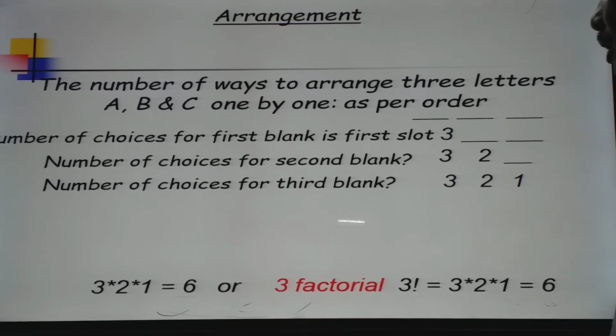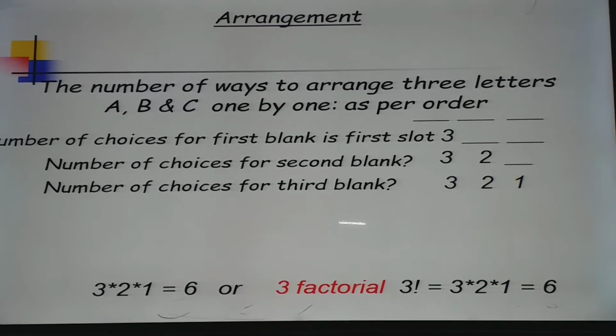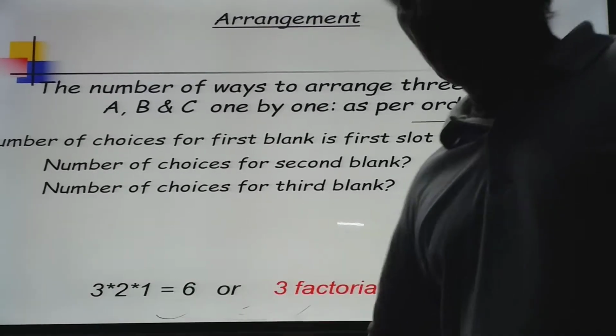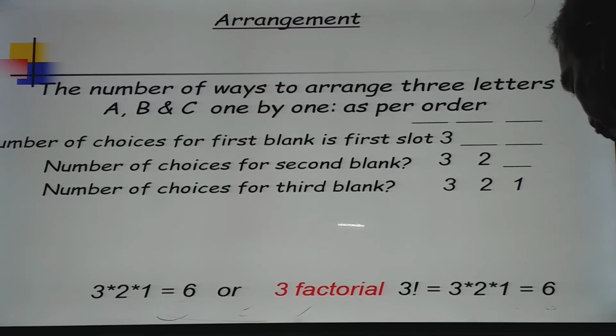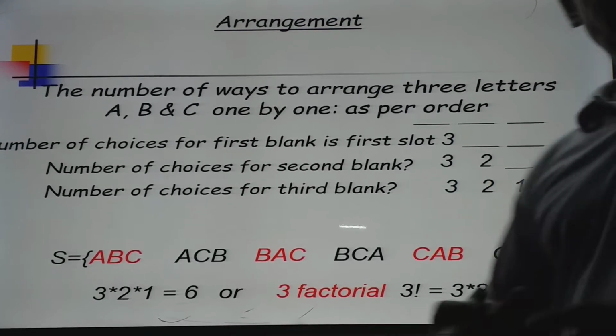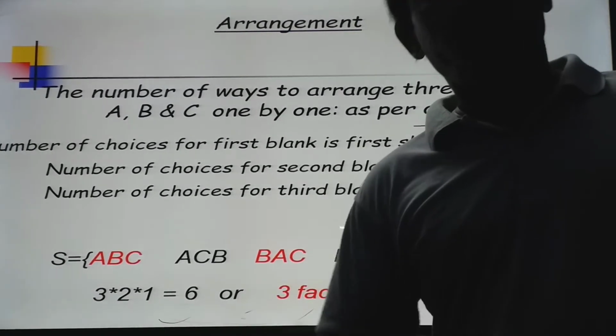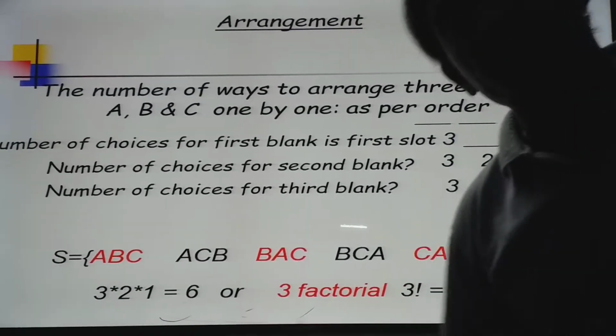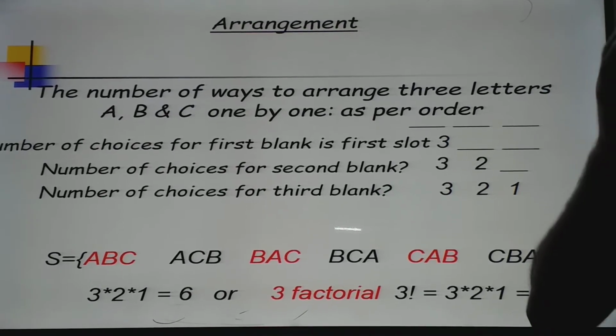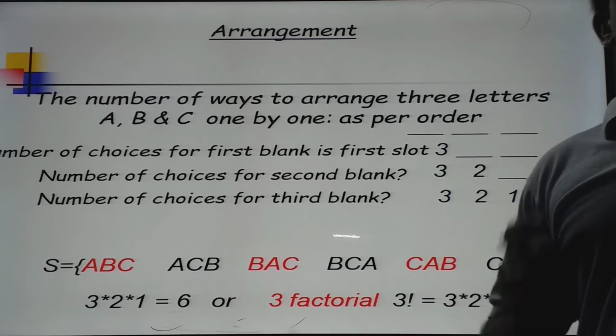The arrangement. Whenever you want to arrange something, if you are given a few slots, for example 3 slots, and you have to arrange 3 numbers in 3 slots, for example 3 seats are given and you have to arrange 3 numbers in these 3 seats. So what is the method? The method is 3 factorial.